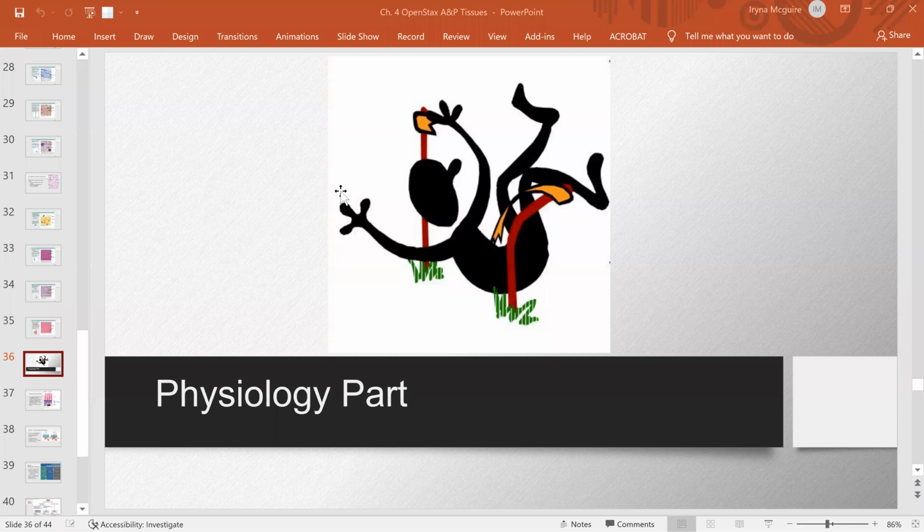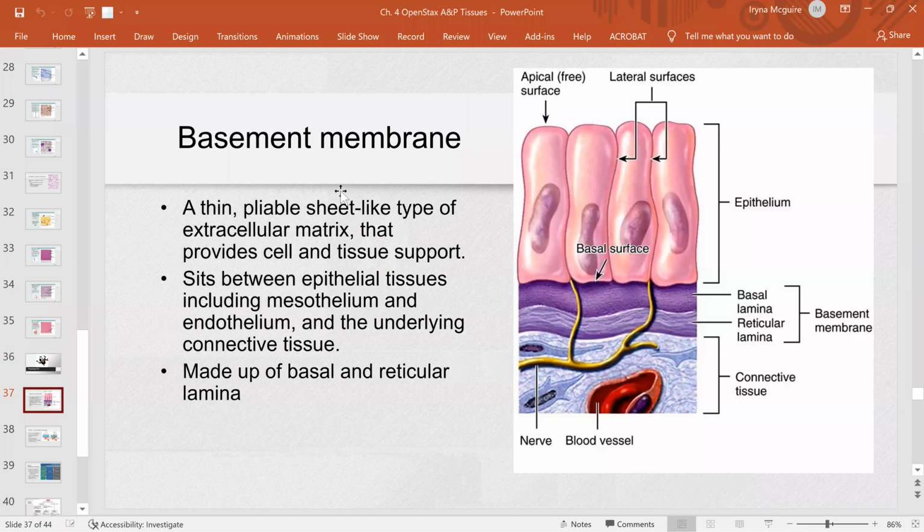So we want to start our physiology part talking about basement membrane. So it's a thin, pliable sheet-like type of extracellular matrix that provides cells and tissue support. If you look at the diagram over here, you can see our epithelial tissue, and it's resting on a basement membrane.